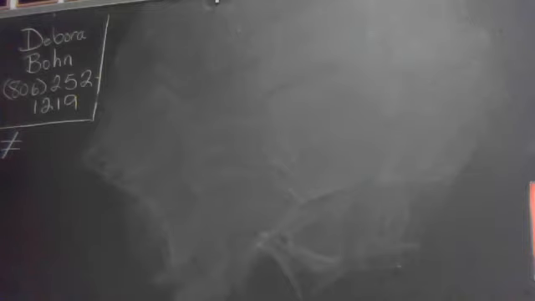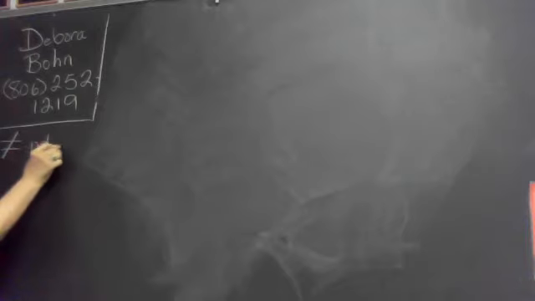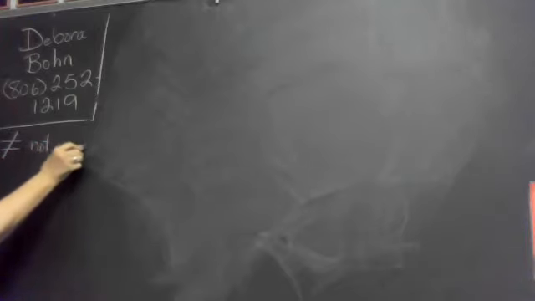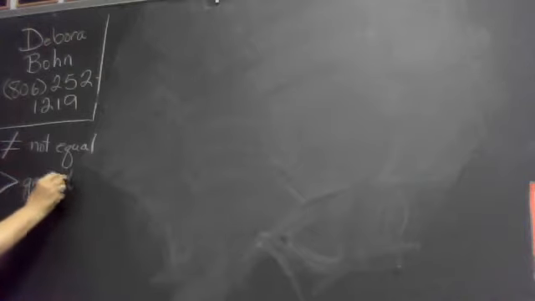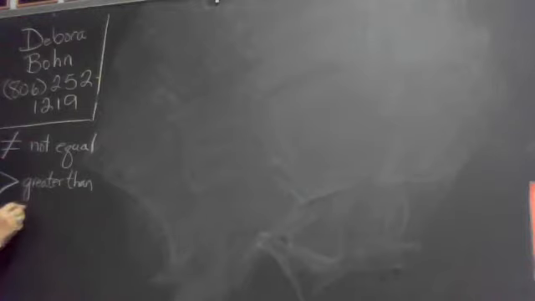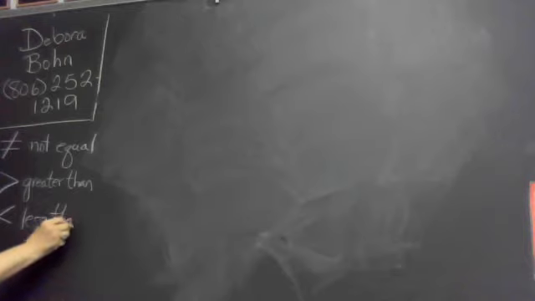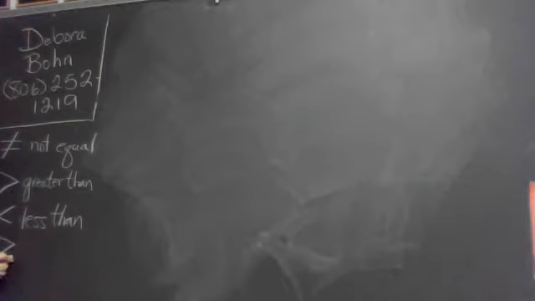We're going to be using this one. This is not equal. This one is greater than. Of course, this one is less than. Okay, now you're also going to have greater than or equal to.